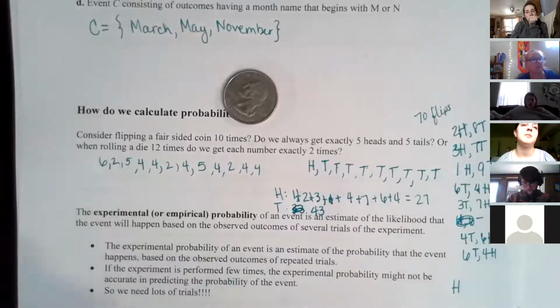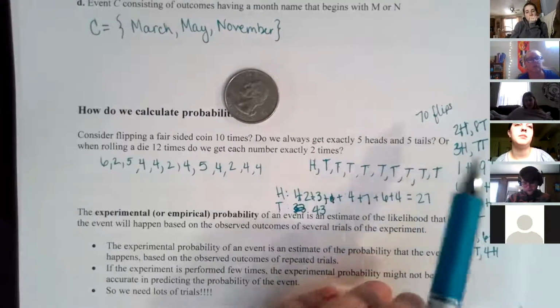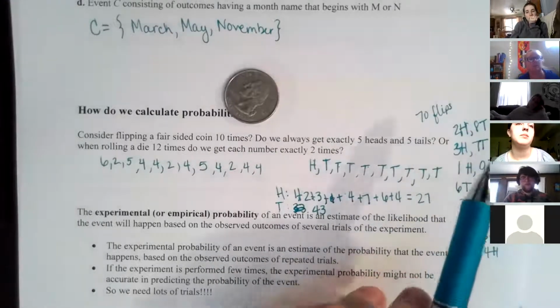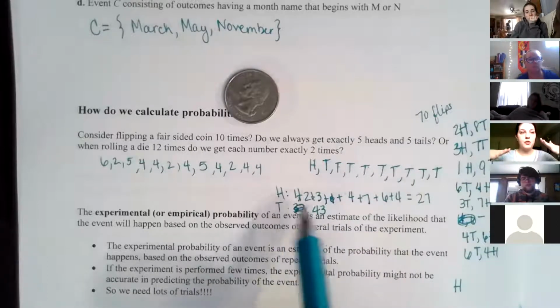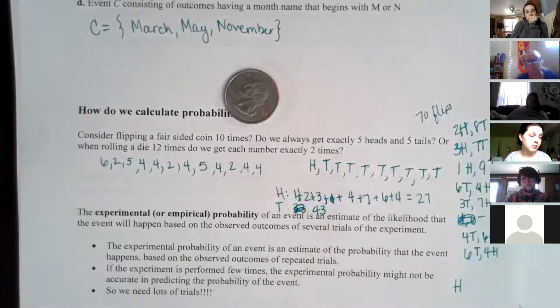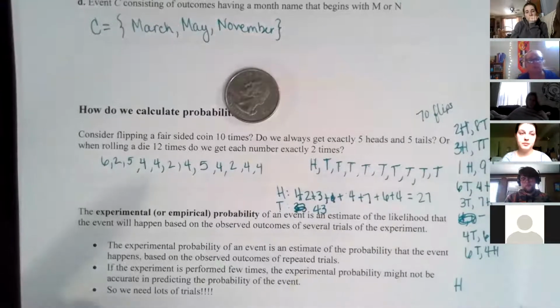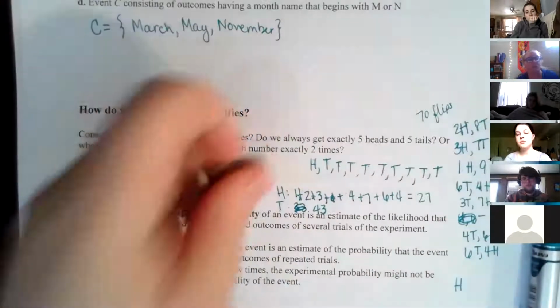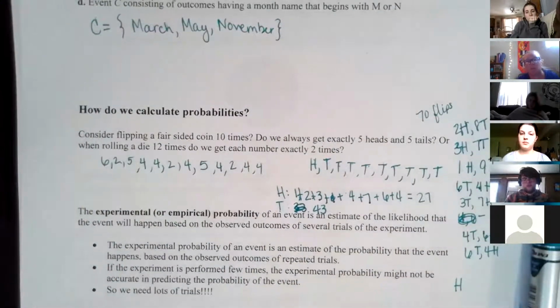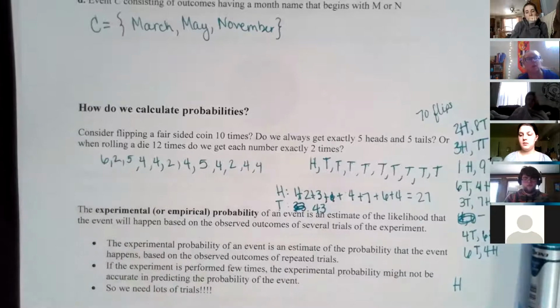If I kept doing this over and over, thousands and thousands of times, they would converge to being half heads, half tails. So when I just do 1 or 2 trials, that's not enough to figure out what the probability is, but we can figure out what we can expect it to be.